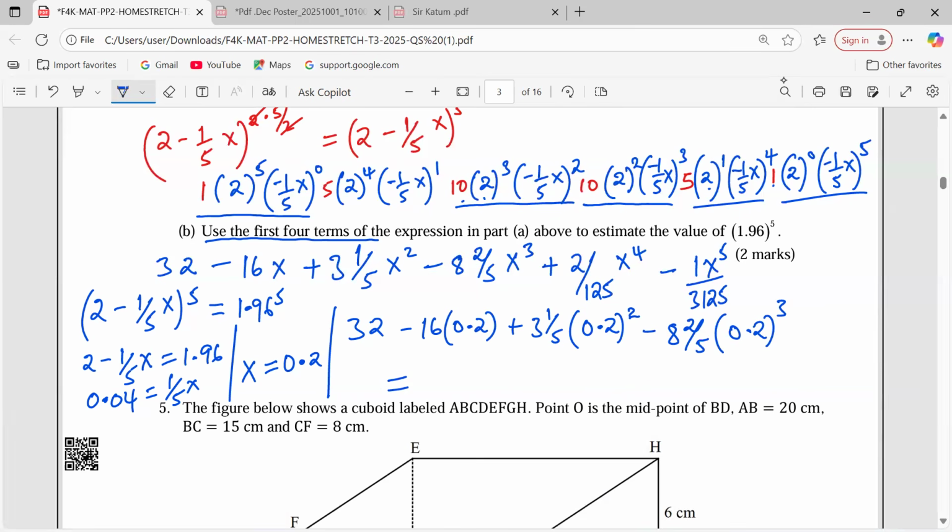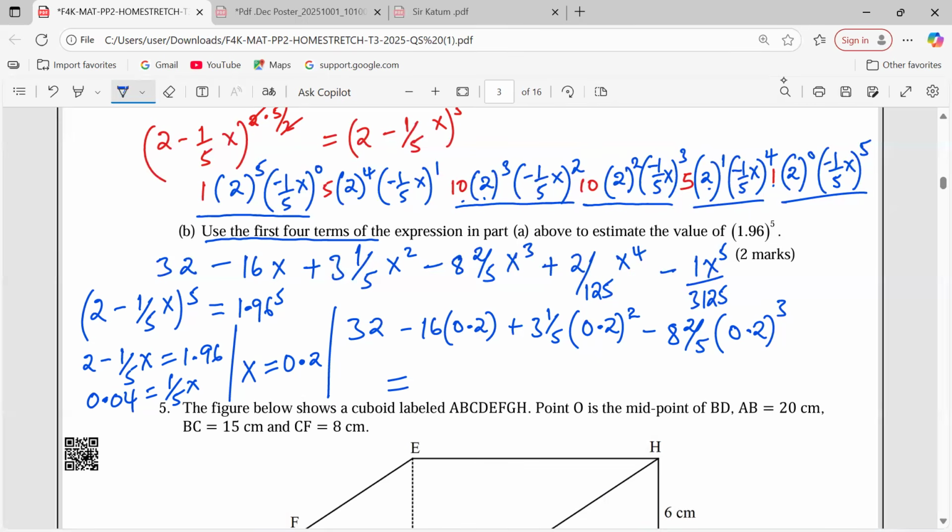So we substitute in the calculator: 32 minus 16 open 0.2 plus 3.2 into 0.2 squared minus 8.4 into 0.2 raised to power 3.